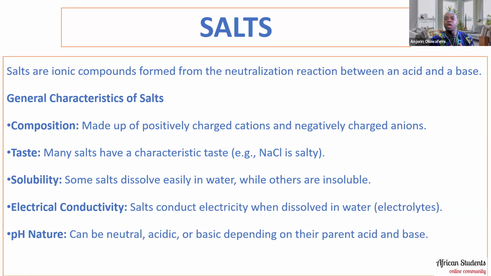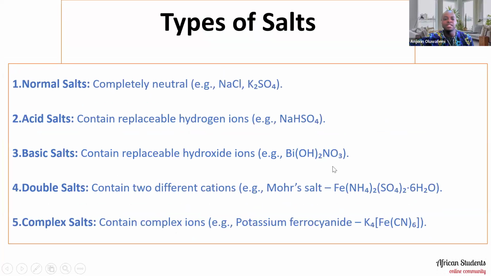Now, in their pH nature, they can be neutral, acidic, or basic, depending on their parent acid and base. So that determines whether they'll be acidic, basic, or neutral. Now, there are different types of salts. We have normal salts, which are completely neutral, e.g. sodium chloride and potassium sulfate.